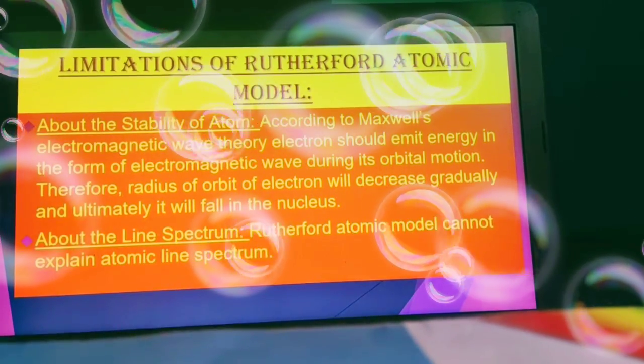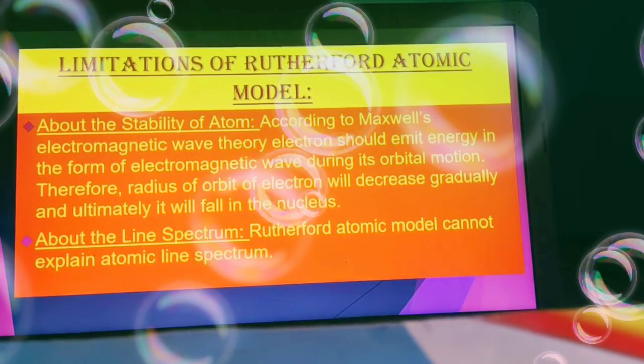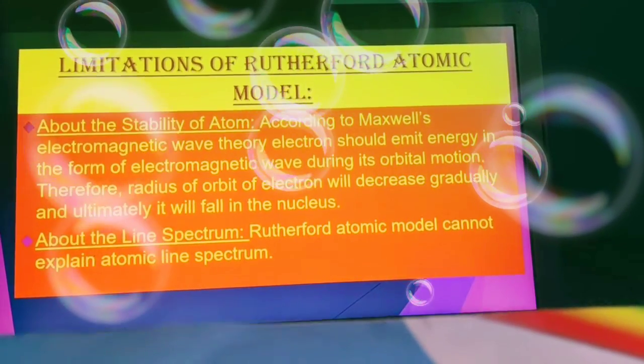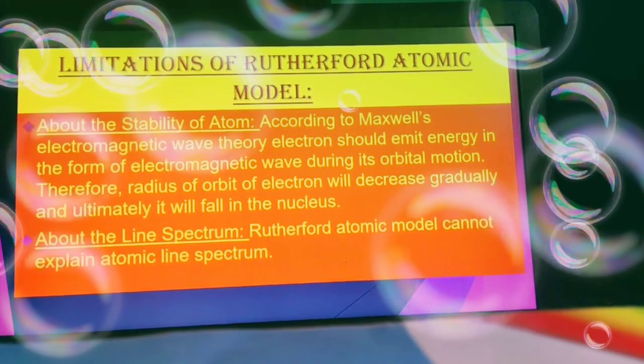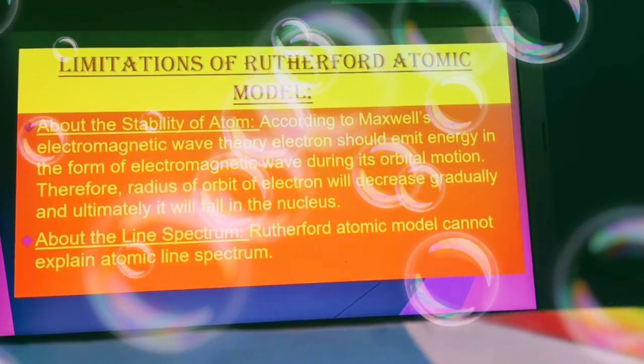So the radius of the electron orbit will decrease gradually and ultimately it will fall into the nucleus. So it does not explain the stability of an atom.